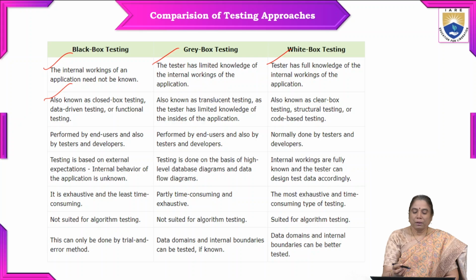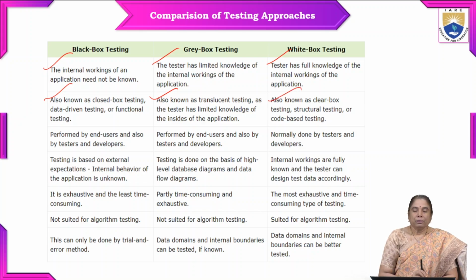The gray box testing is known as transparent testing, and here inside application logic knowledge or programming skills are a basic requirement for gray box testing. And white box testing is also known as clear box testing, structural testing or code based testing.